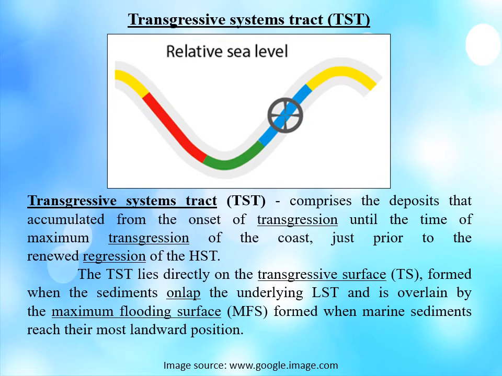Second is the transgressive system tract, the bluish portion. You can see the lower portion marks the end of the LST, lowstand system tract. It comprises deposits that form during an active transgression, when the rate of creation of accommodation space is much higher than the sediment supply, and it ends just prior to a new regression or HST, highstand system tract.